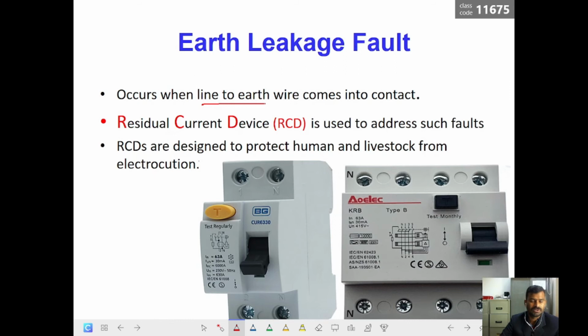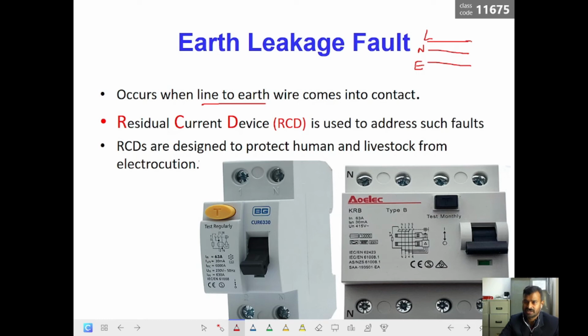Okay, so I told you in the short circuit it was line to neutral. Here now it is line to earth. Say I have a line conductor, a neutral conductor, and an earth conductor.